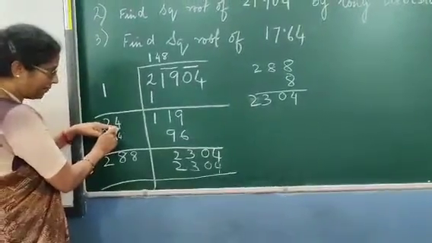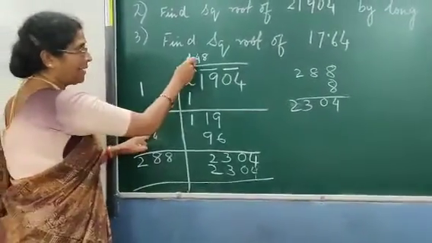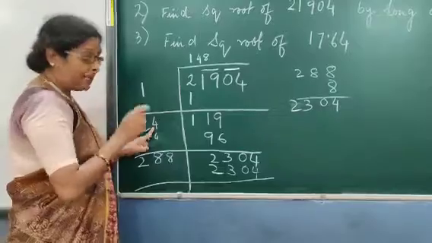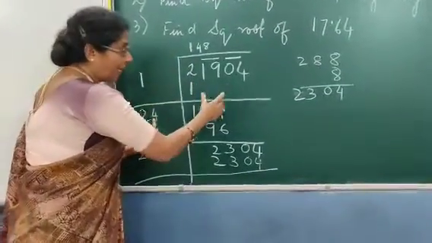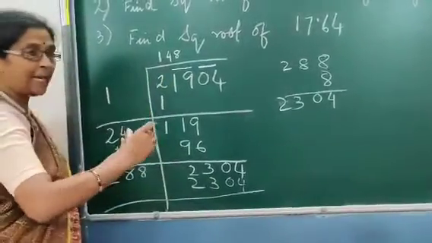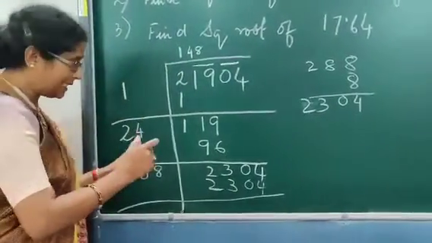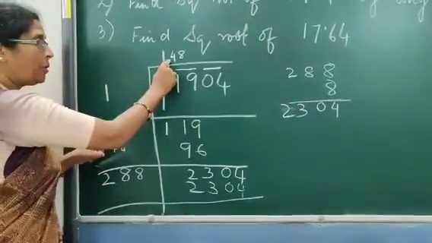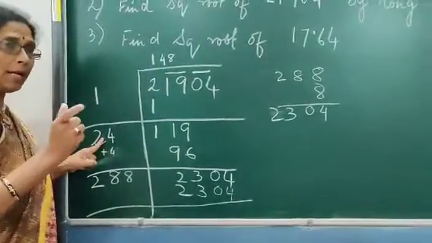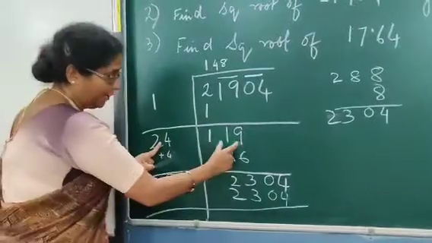Before taking this number you have to put 0 here and 0 in the answer also. When 2 pairs together are taken at a time, you put 0 there and 0 here also, because once only one pair I have to take.